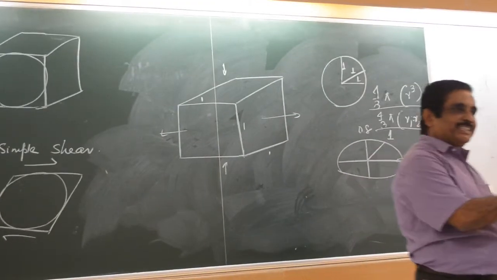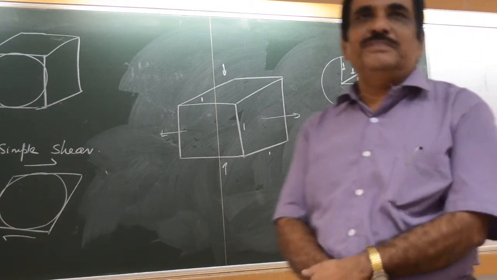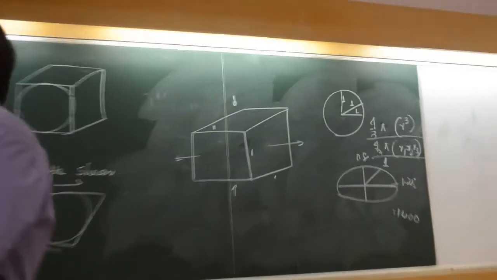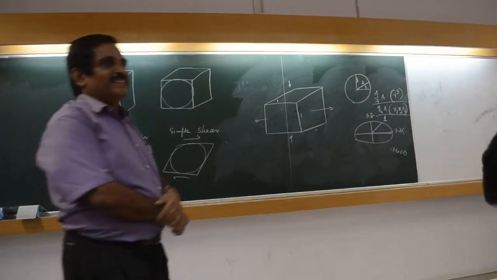How do you know? Does anyone have a computer? Wi-Fi is not available. You might have forgotten it, but that is the volume of an ellipsoid. Volume of a sphere is r cube. Okay?